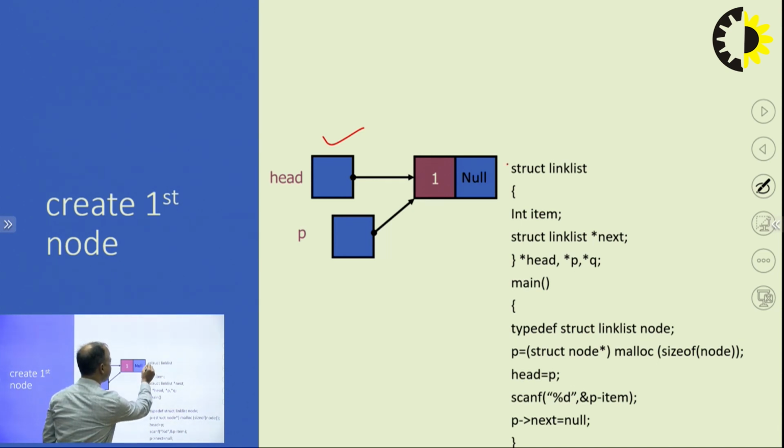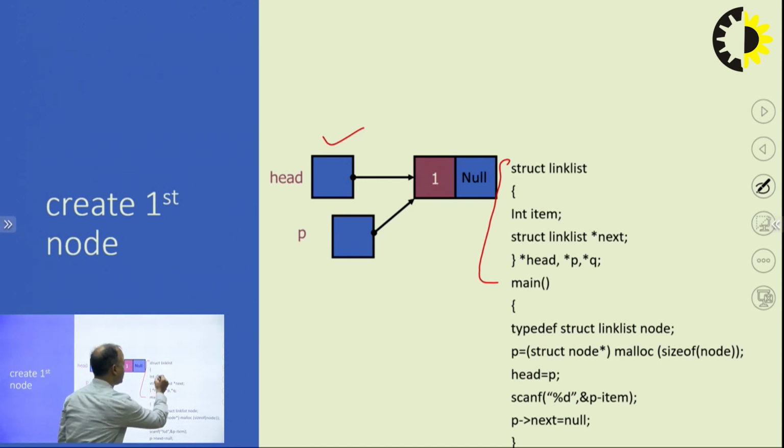We are using this structure for the creation purpose. This structure contains two fields. The first field is called item, which contains the data part, and we have the next pointer. This next pointer contains the address of the next node.